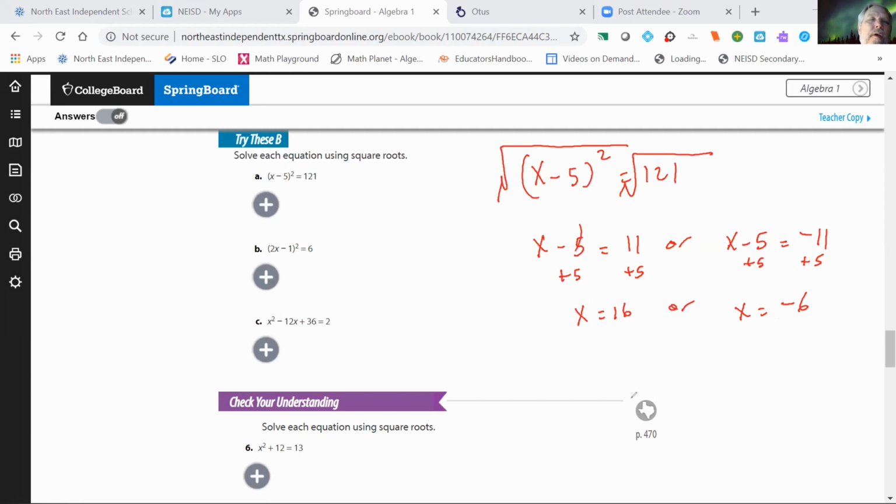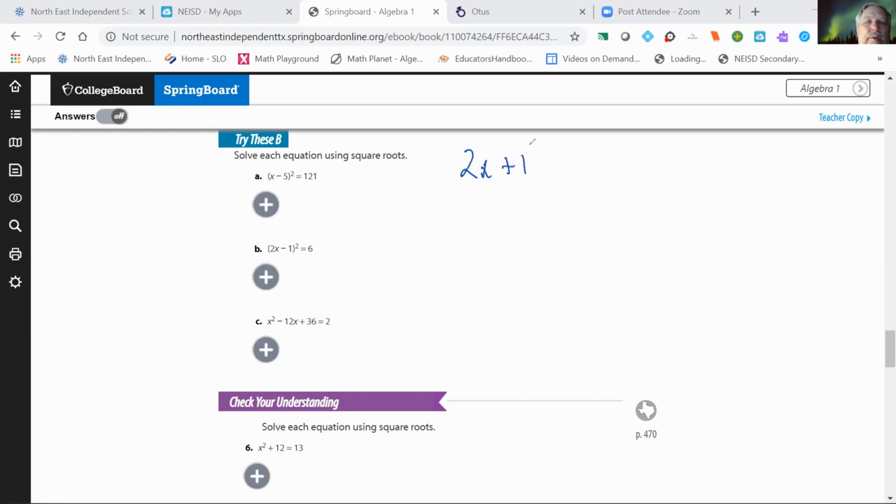All right, so the next problem. It's going to be 2x plus 1, all that squared, equals 6. Now, again, the idea is we want to make sure we have the thing squared by itself and then everything else on the other side.